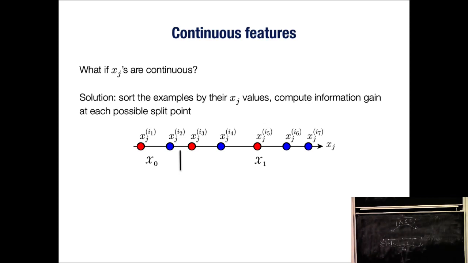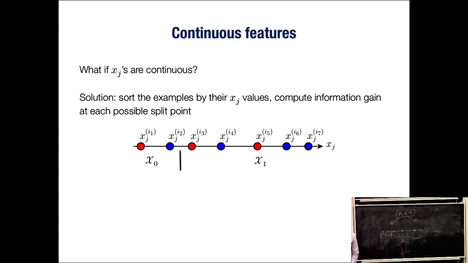Now, one other point I want to make here is one reason why these things work so well: one nice thing about this model is that the actual values of the xj's don't matter. All that matters in picking these thresholds, of course, is their sorted order.